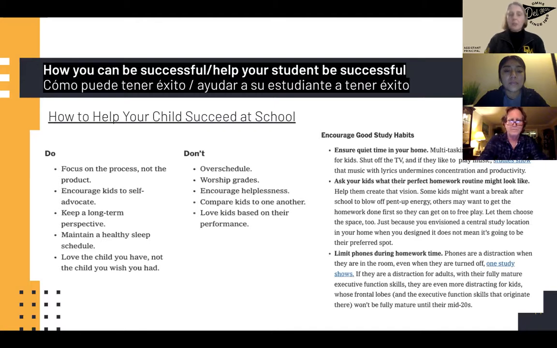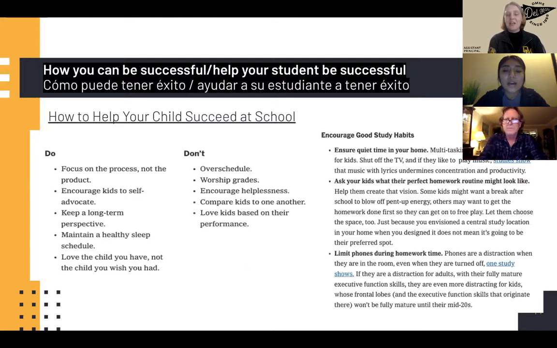And a couple other things they recommend in this article: ensure quiet time in your house. May not always be possible, but things that you can control, like turning off electronics. They really recommend keeping phones away, which is the third point here. People cannot multitask as much as they say they can.